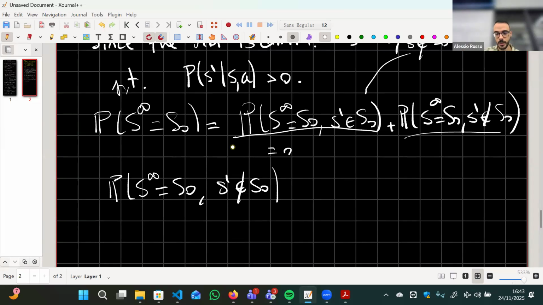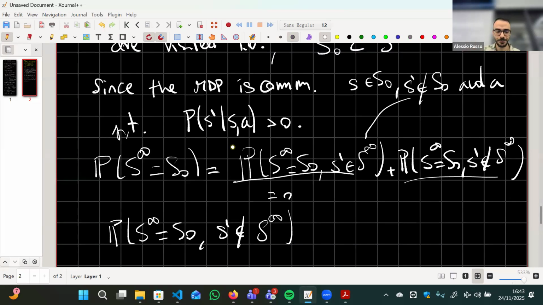So here, in reality, it's better if I write S_infinity, even though we impose S_infinity equal to S_0. But it's the same thing.